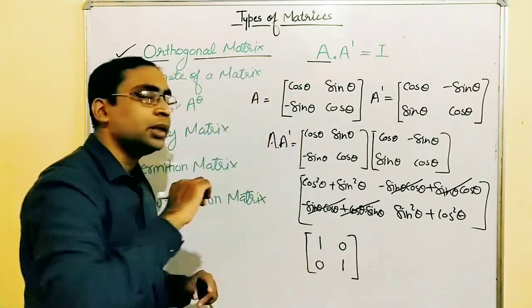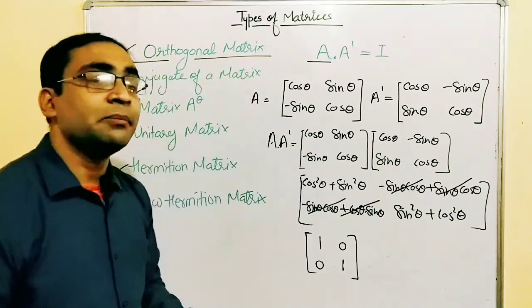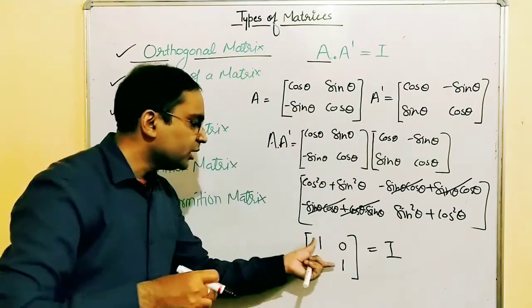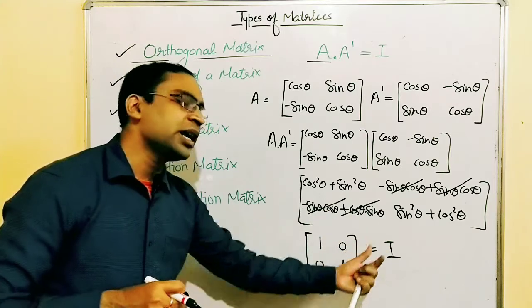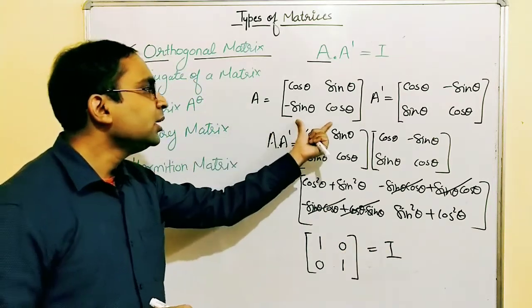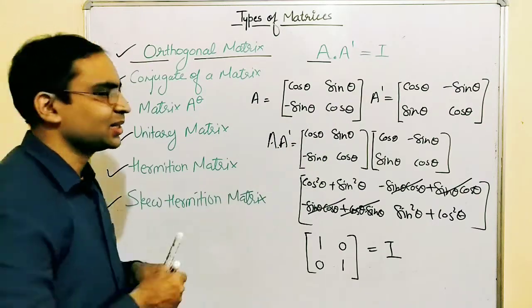So this is the resultant matrix, and we see that this is the identity matrix. Yes, a matrix with all diagonal elements 1 and all other elements 0 is known as the identity matrix. So this given matrix A is an orthogonal matrix.